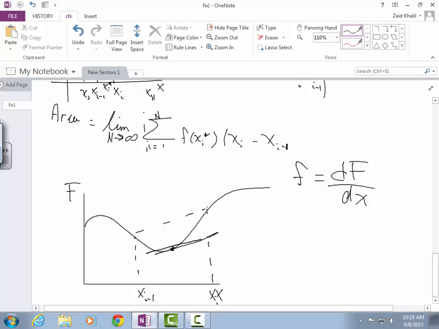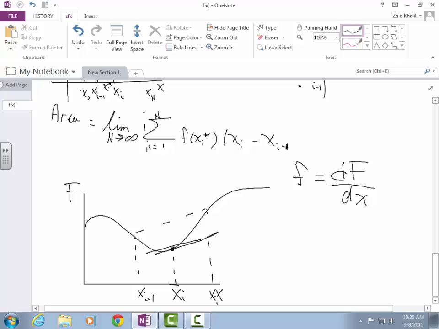So what does that mean? That the derivative at that point, let's call this point x bar i.